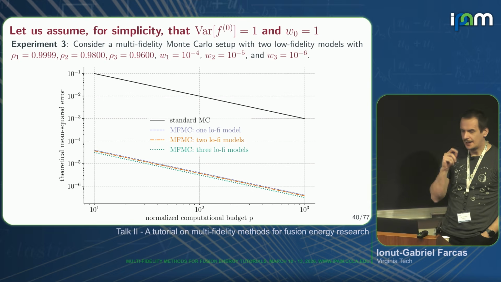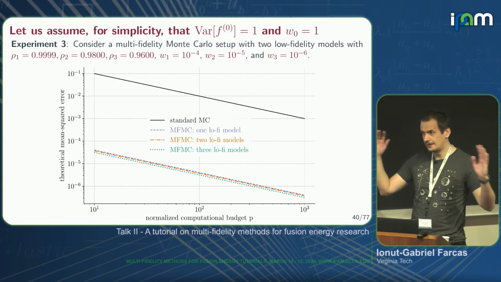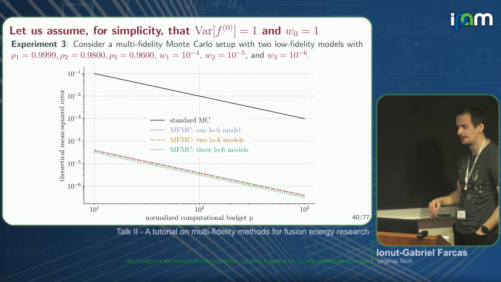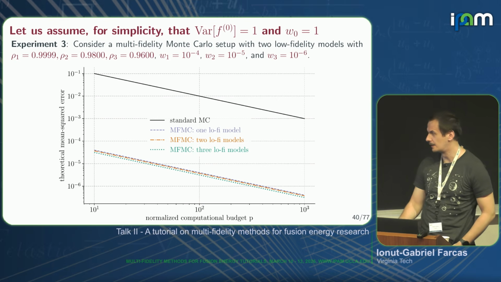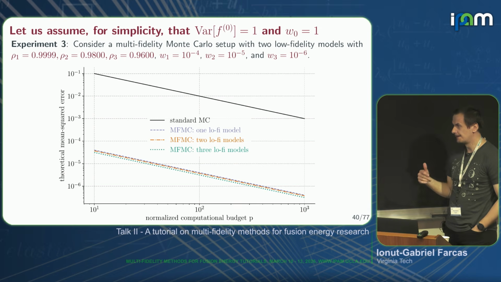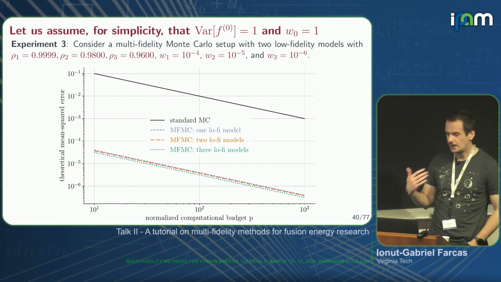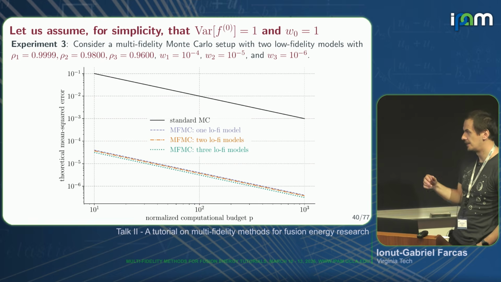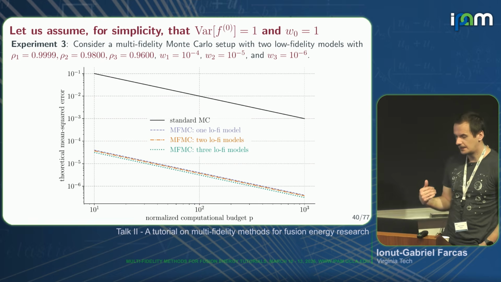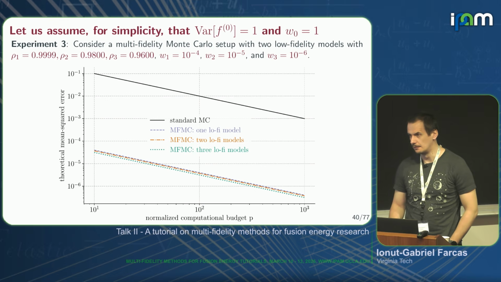So this highlights the fact that in this approach, there are other approaches, and I'm not for sure doing justice to all the approaches that have been developed over the past 10 years. This approach, where we have a hierarchy of models, if you have one that is quite good in terms of correlation coefficients and speedups that it provides, it can be quite difficult to gain something more by adding more models.